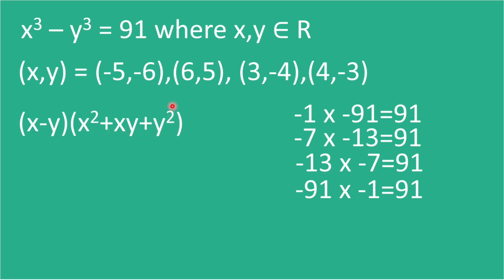Because of these squares, when we take any value which is negative, this is not possible for this. Therefore, we have rejected all these values. So these are also factors of this 91, but these values do not satisfy the condition over here. So therefore, we have rejected all these values.